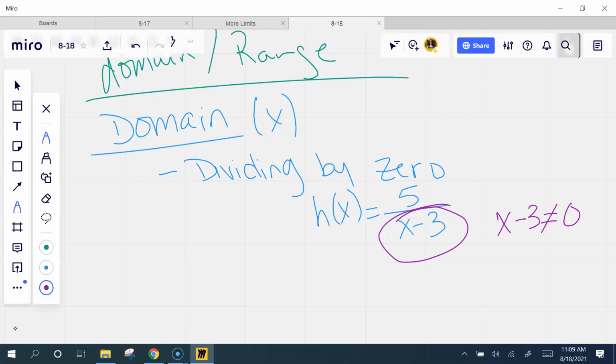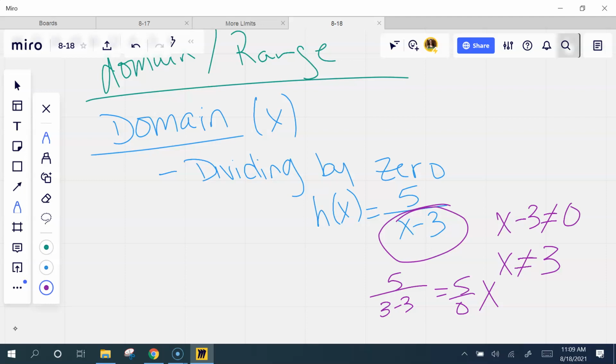So x cannot be positive 3, but it can be anything else. If you put positive 3 in this equation, you would have 5 over 0, and we cannot have 5 over 0. It could be 4, it could be 3.99999 or 2.99999. It cannot be 3. Anything but 3.